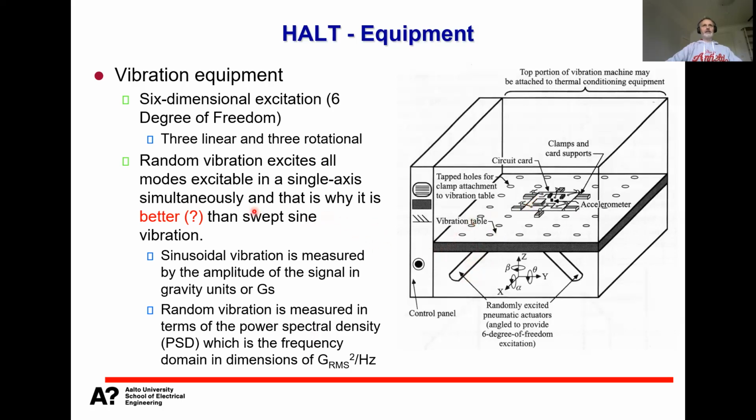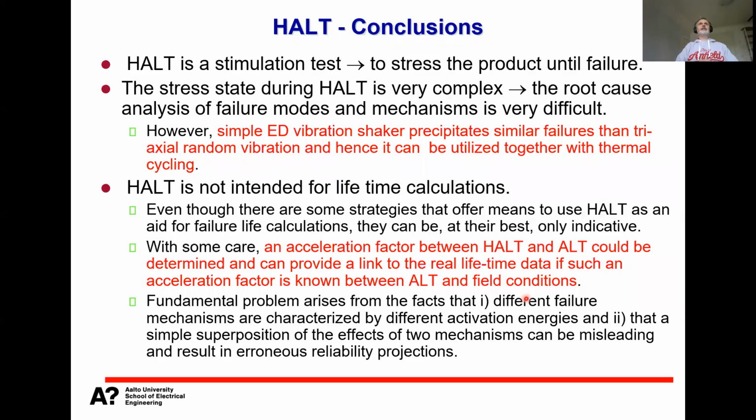So that is very simple and easy to have with an electromagnetic vibration shaker, but not with these pneumatic hammers. But on the other hand, you cannot have all these different directions simultaneously. So these are basically the differences.